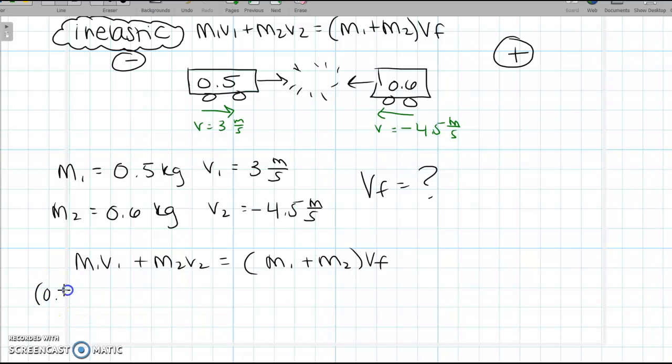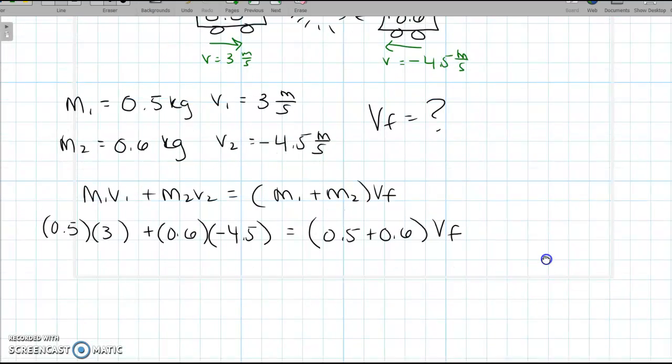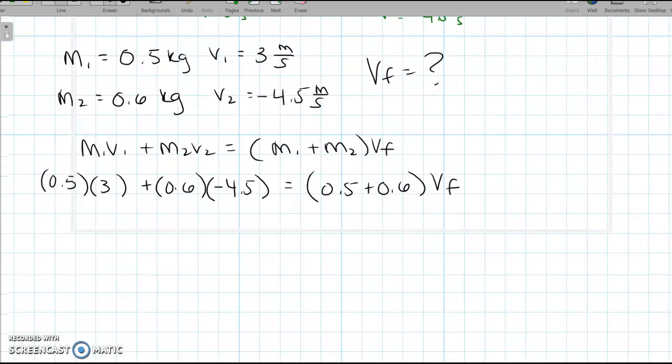So we have 0.5 times 3 plus 0.6 times negative 4.5 is equal to our masses combined times our velocity final for both. All right, so now it's time to break out those calculators and try this out.